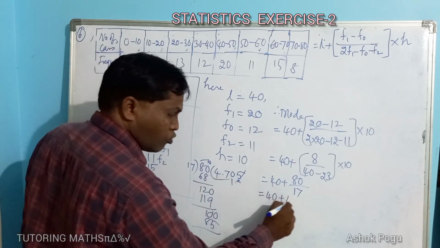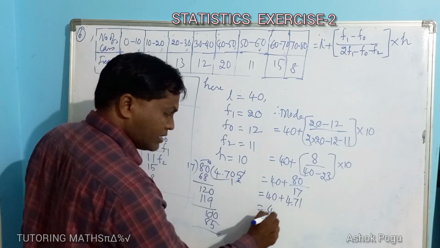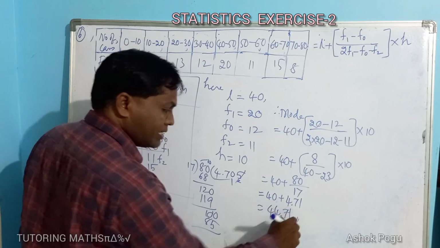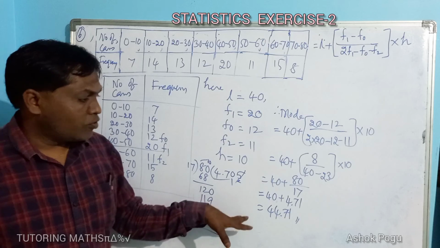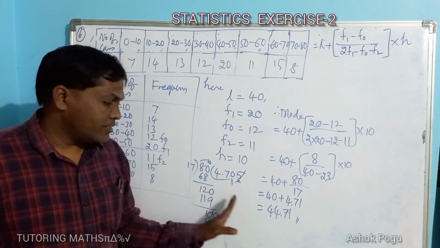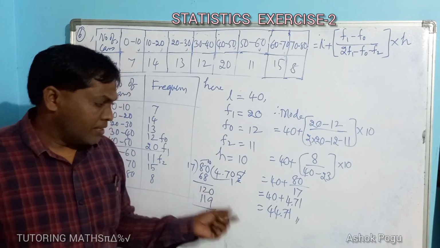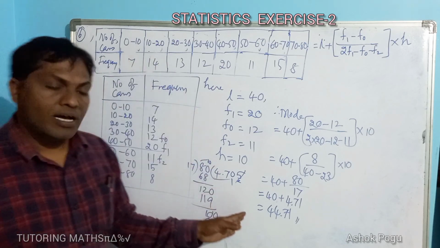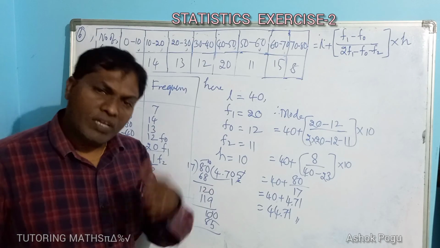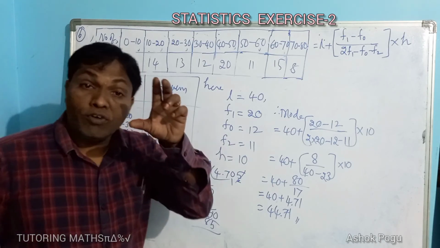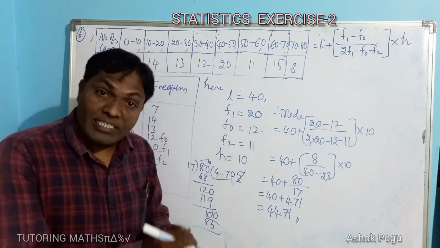Now it becomes 4.71 and the answer is 44.71. This is the mode of the given data. Therefore, you can write your solution here: the mode of the above data is 44.71.